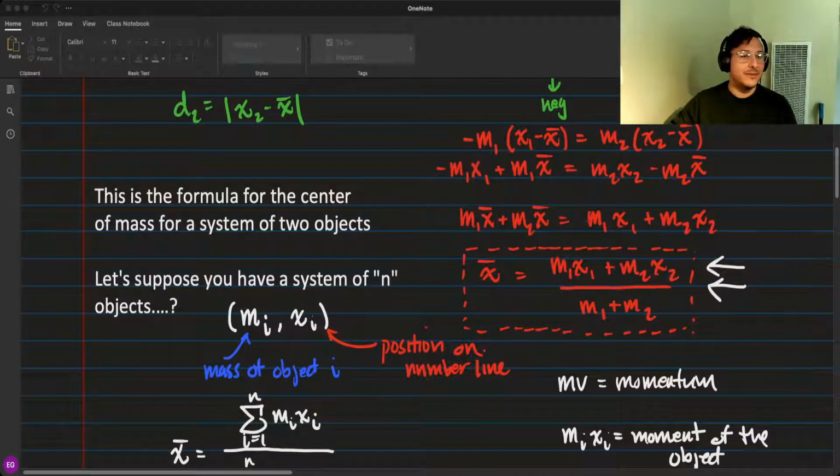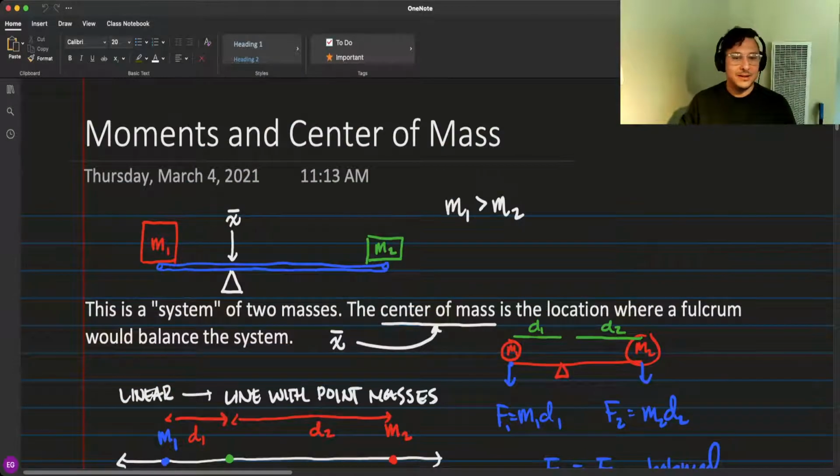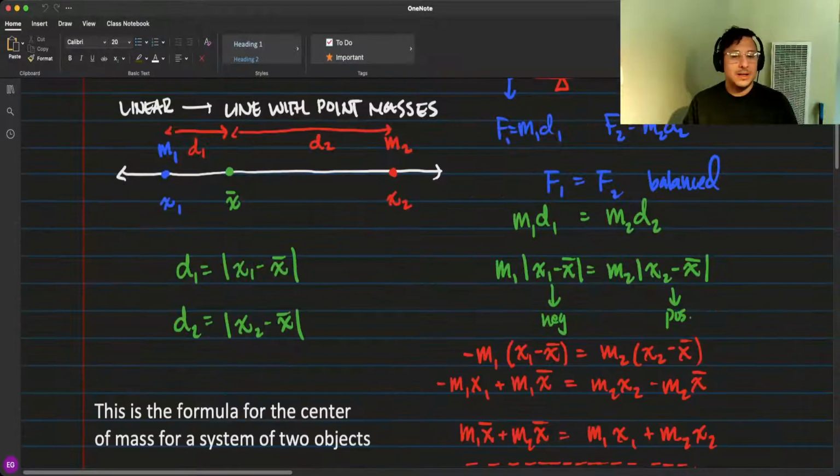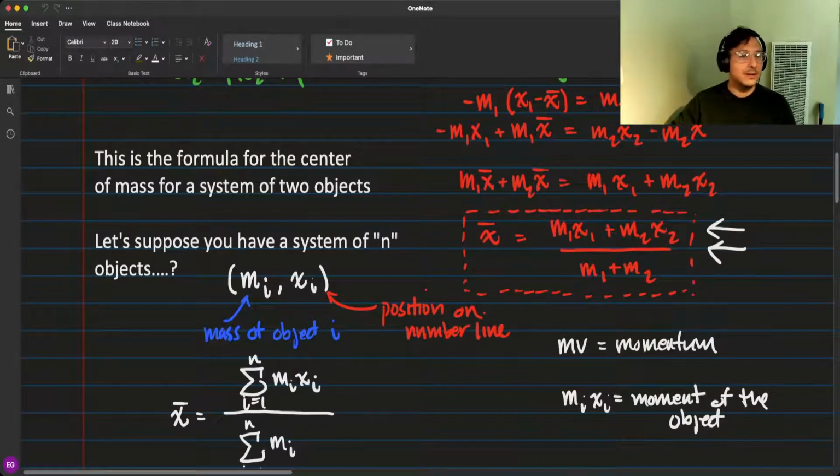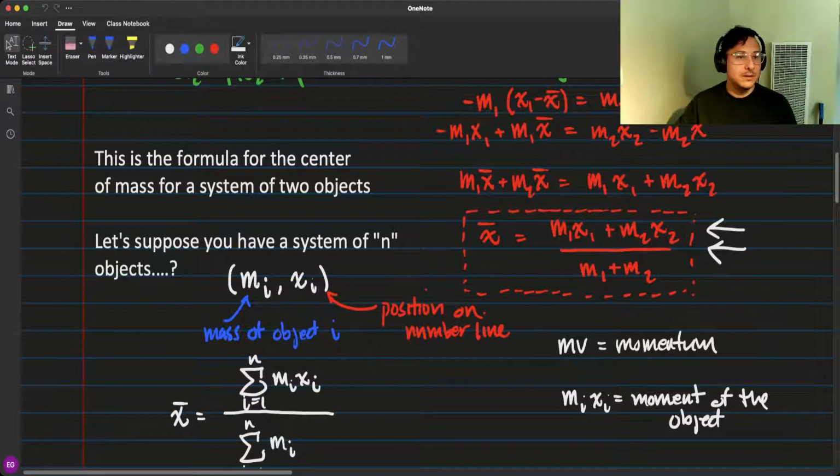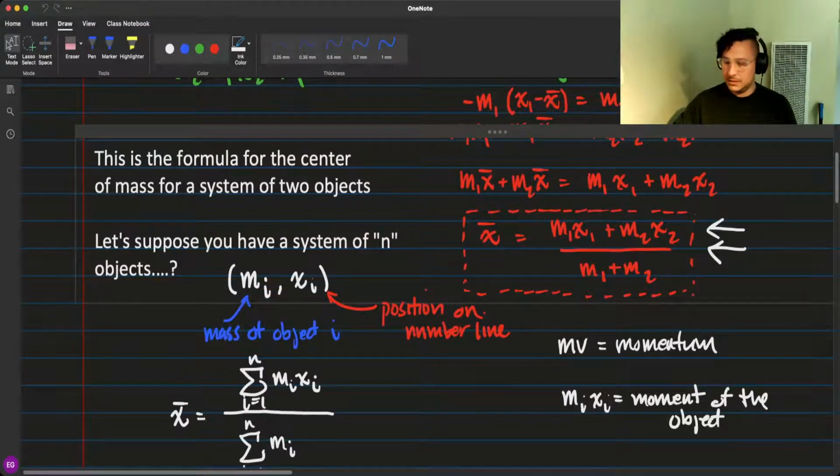So like we had the formula like, oops. Okay, why is it not letting me click? What is going on with my screen? Okay, one second.